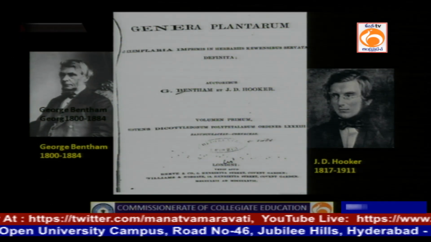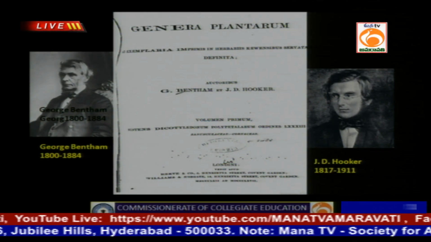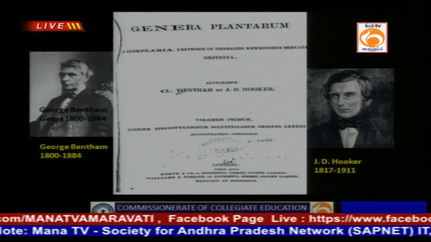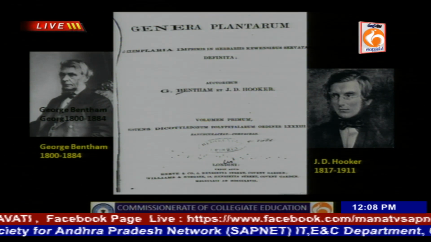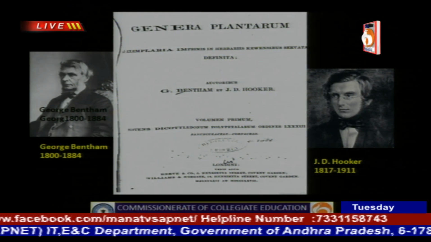Here you are finding the two important scientists. One on the left side is George Bentham, from 1800 to 1884, who contributed his works to taxonomy, and the other scientist on the right is Joseph Dalton Hooker, from 1807 to 1911.